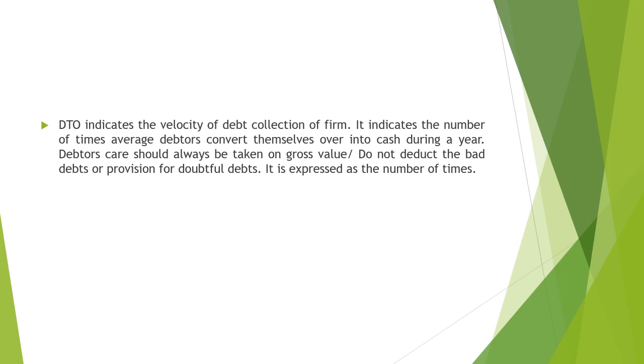When we see from the point of view of a company, the debtors turnover ratio, DTO, the higher it is, the better. That means they are collecting the money from the debtors at a great speed.